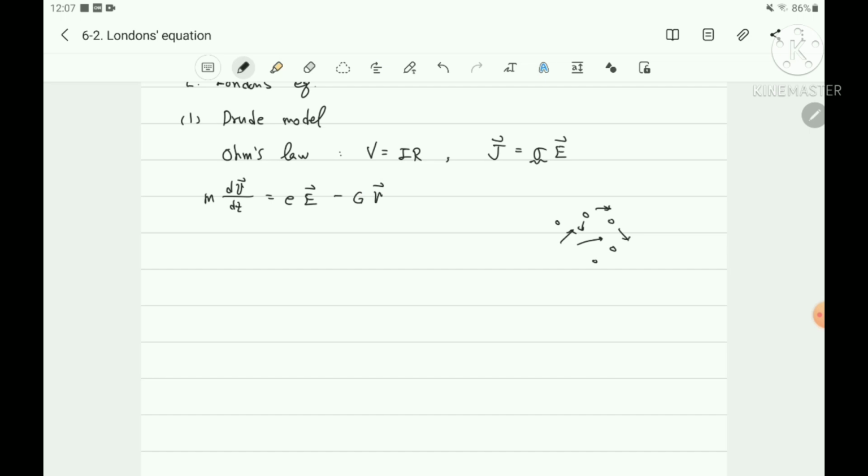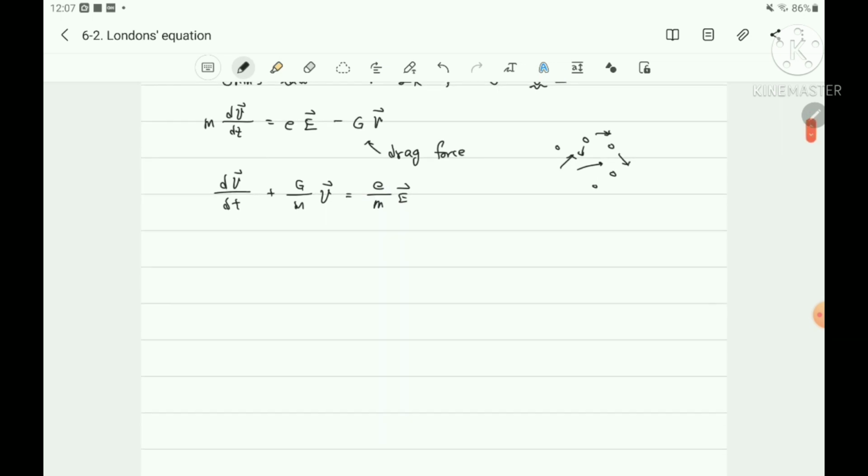It is basic and very reasonable, because for high velocity electrons scatter significantly more, and therefore the drag force is proportional to the velocity.